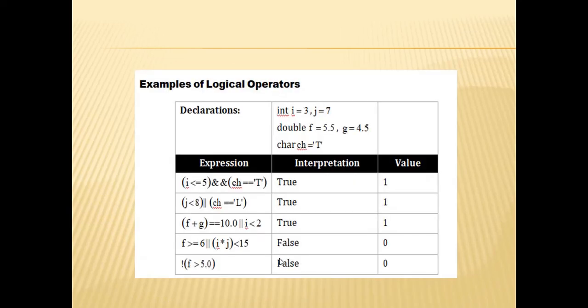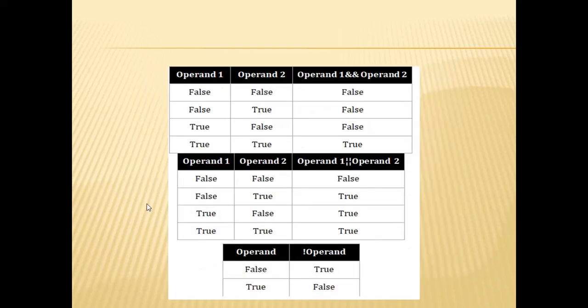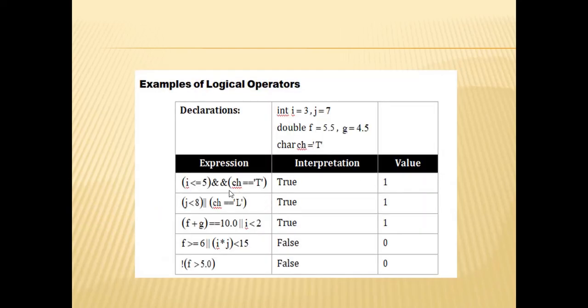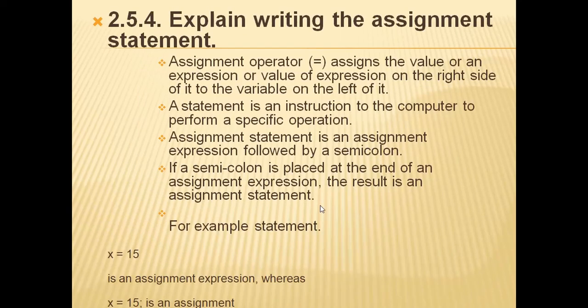So here also it gives false. False means 0, true means 1. So these are the various logical operations: AND, OR, and this is the NOT. That is about logical operators.